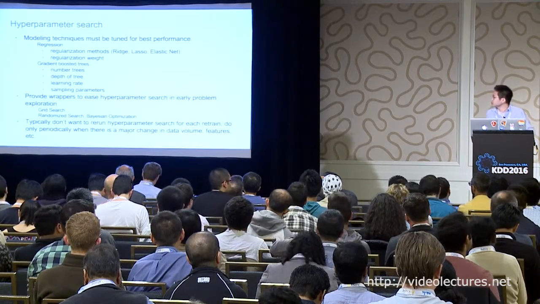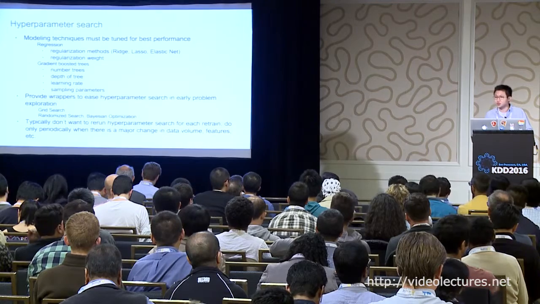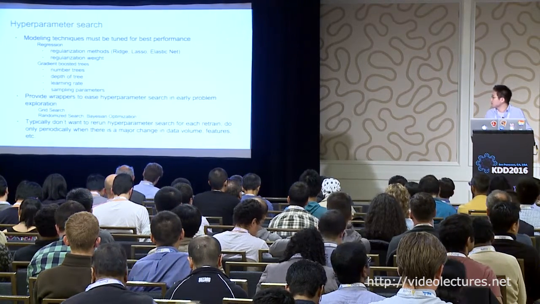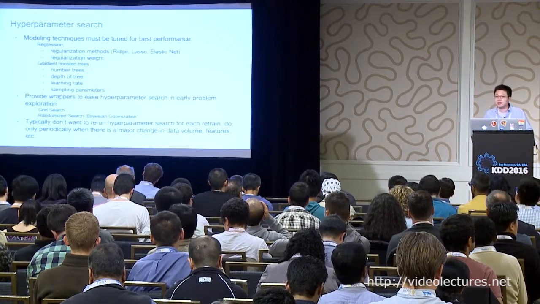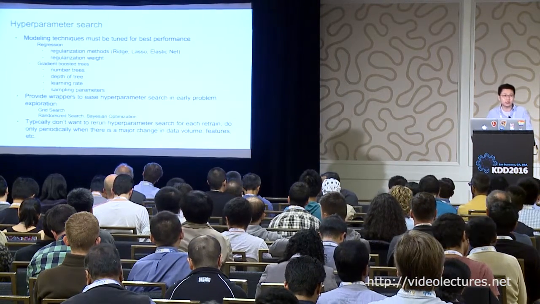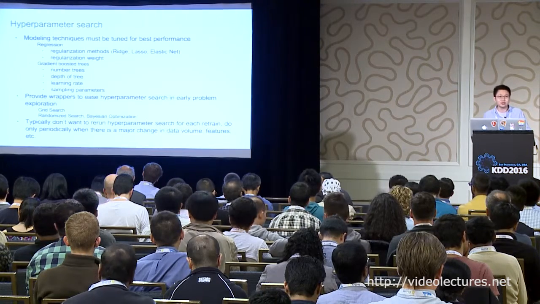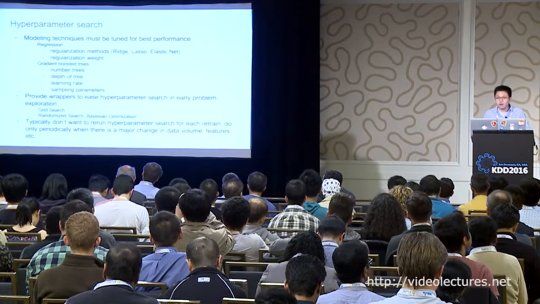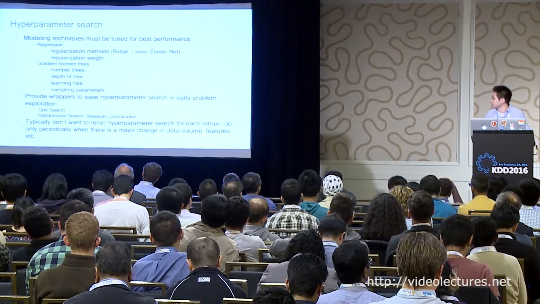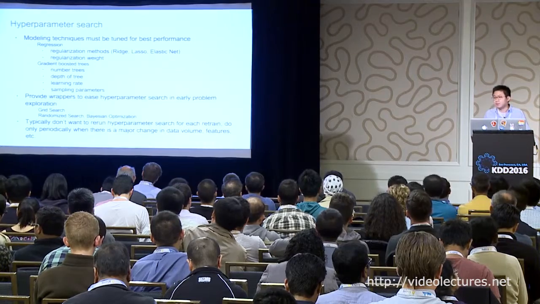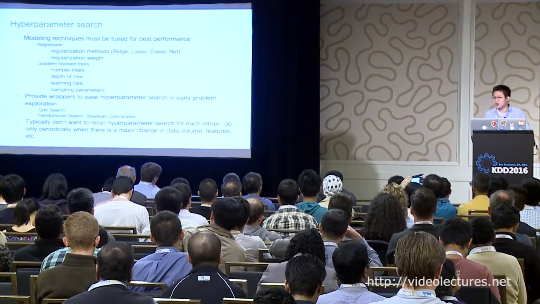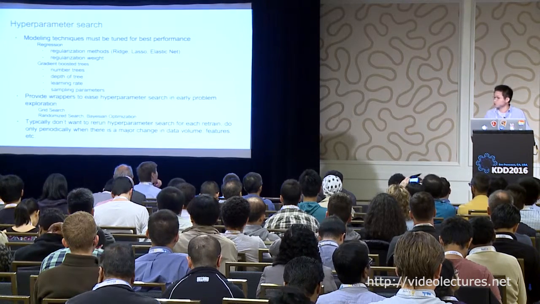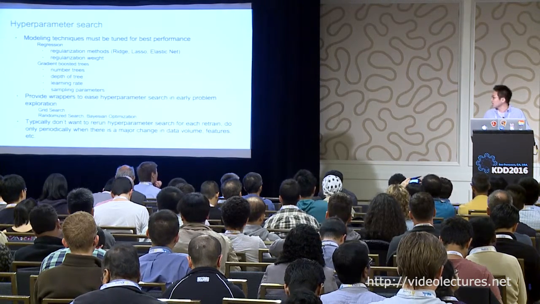It will be convenient to build some wrapper functions to ease this hyperparameter search in the early problem exploration. And a lot of machine learning packages already provide such utility functions for us. Grid search is one of the most widely used methods to do the parameter search. But for some of the algorithms, there are too many parameters to be tuned, so doing a brute force grid search will be very costly.